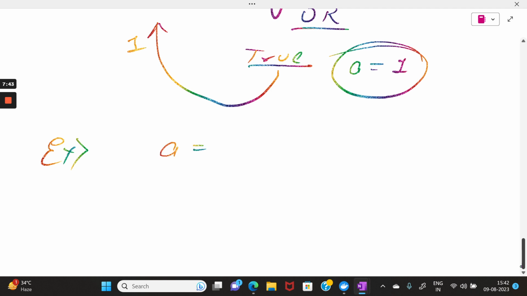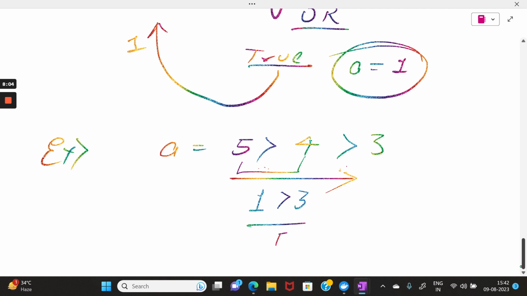Now let's see another example. a equal to 5 greater than 4 greater than 3. Again we have two operators with the same precedence, so we need to follow the associativity, left to right. Let's see. 5 greater than 4, of course it is true. 1 greater than 3, of course it is false. So the value of a will be 0.